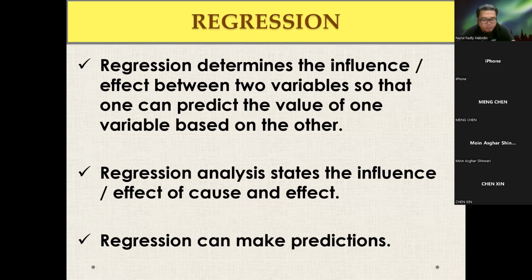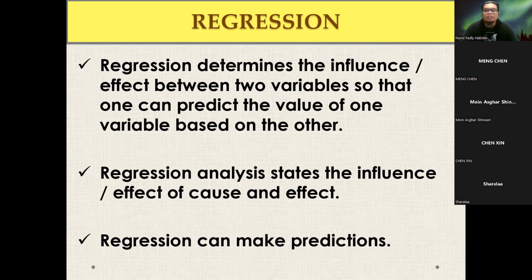How many percent? So in regression, we can make a prediction in percentage of how much our independent variable can predict the dependent variable. Regression means the influence or effects between two variables, so that we can predict the value of one variable based on the other.